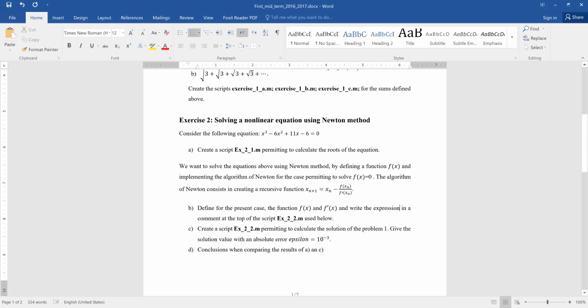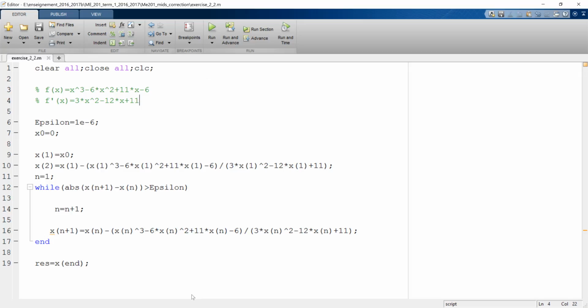So now, create a script permitting to implement and to calculate the solution of problem 1. You have to run this succession until you have convergence. If you do it as simply as this, you will write your epsilon, your first guess of your result 0.